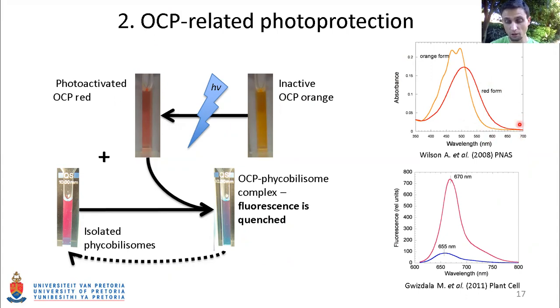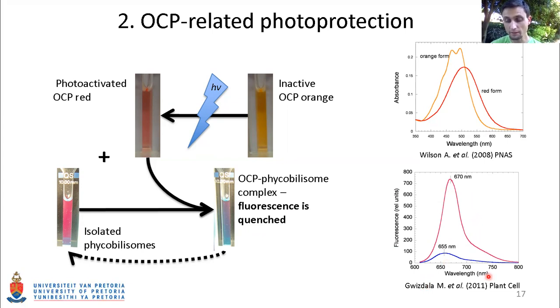After and only after photoactivation, OCP binds to the core of the phycobilisome complex where it quenches the excitation energy. Here on the right you can see the spectra of the unquenched light harvesting form of phycobilisome in red and the quenched states in blue, and these are the bulk spectra.